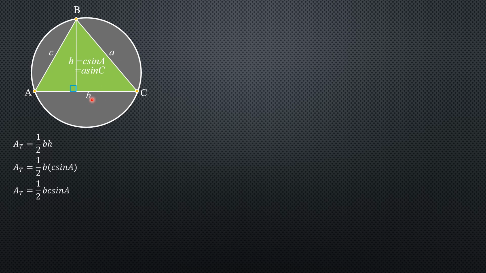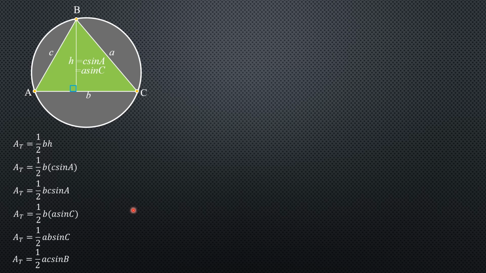A and B are adjacent to each other times sine of angle C. It is also equal to 1/2 A times C, these adjacent sides here, times sine of the angle between them, which is B. So if we replace H by A sine angle C, so area is 1/2 of B times A sine angle C. So that's why area of triangle is also 1/2 AB sine angle C. So we conclude by the pattern for the area that area of triangle is also 1/2 AC sine of angle B.